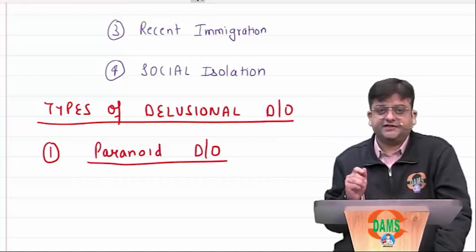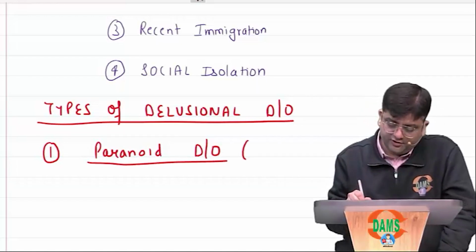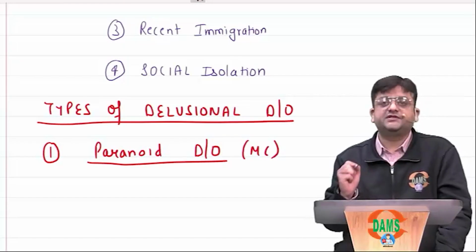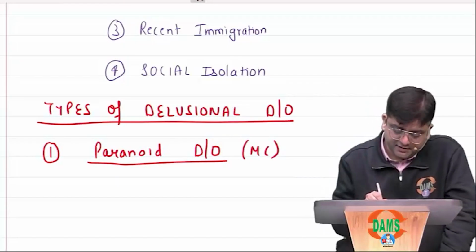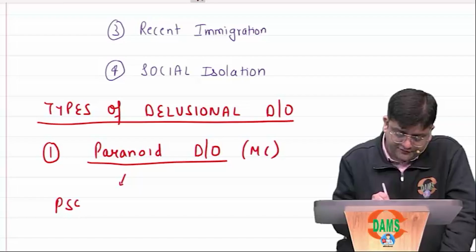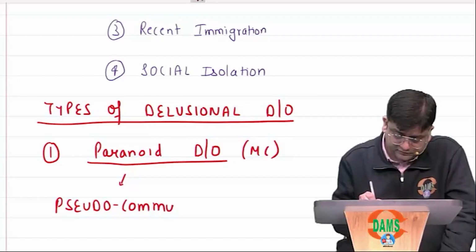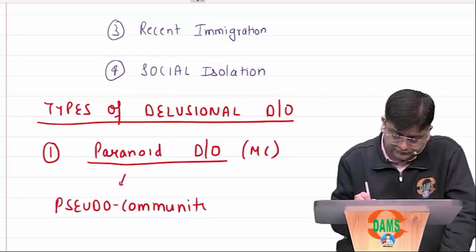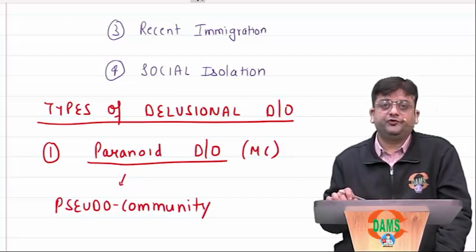As the name suggests, paranoid disorder has delusion of persecution: people want to harm me. In this disorder, we have a phenomenon called pseudo community.